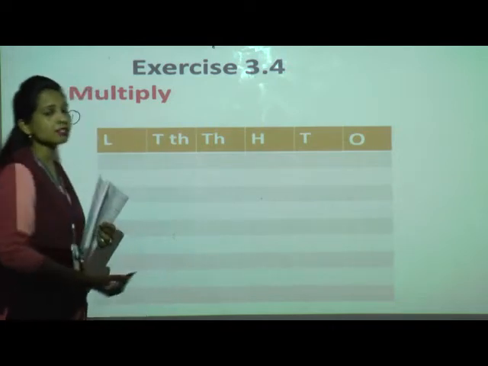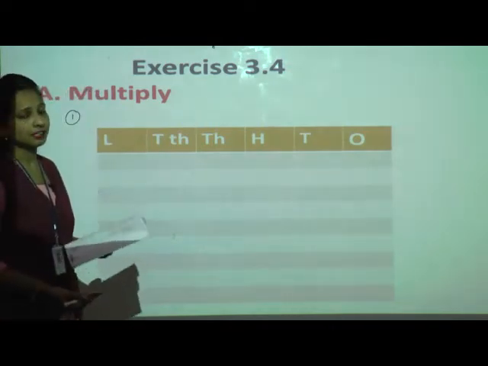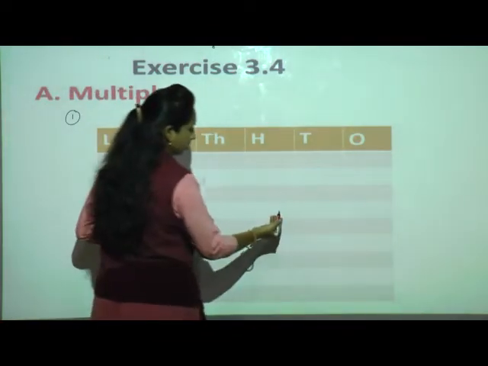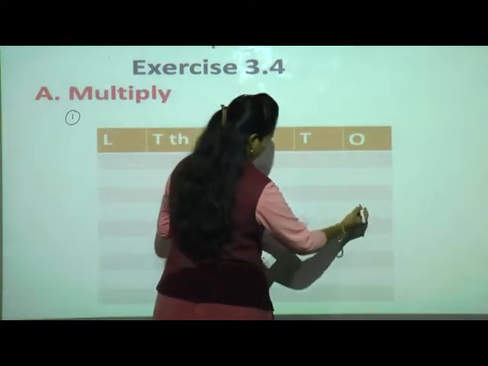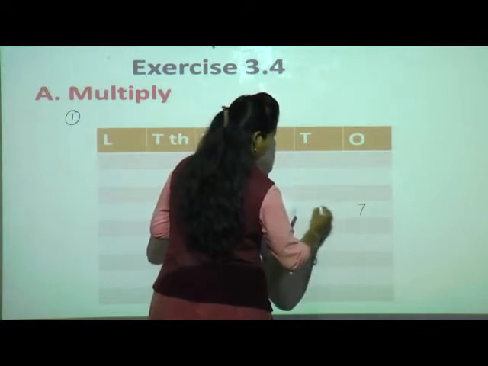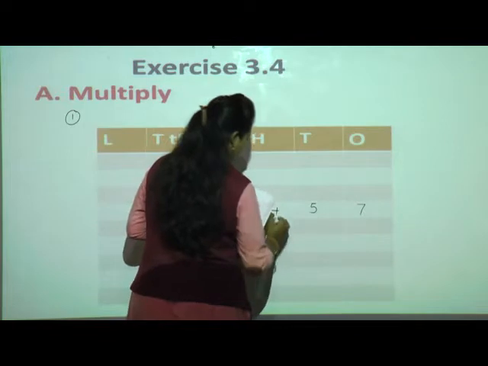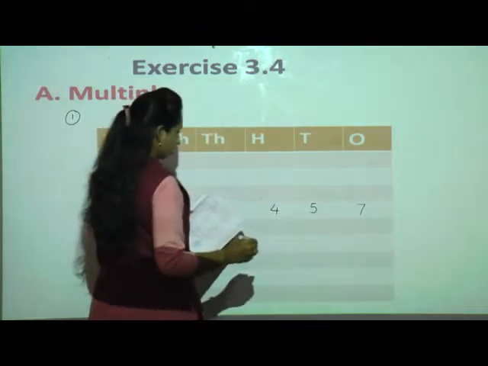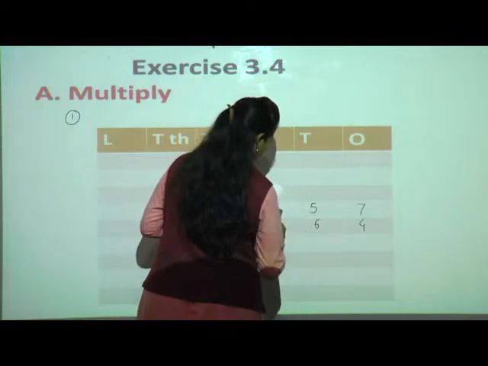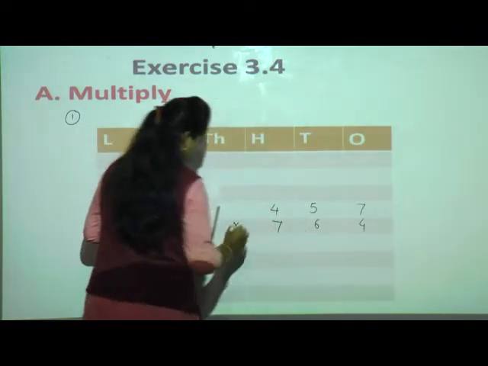Why 3 boxes? Because we are multiplying by a 3-digit number. So after leaving 3 boxes, start writing your number. The number is 457. And we have to multiply it by 764. This is the question.